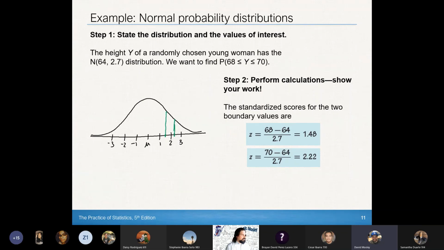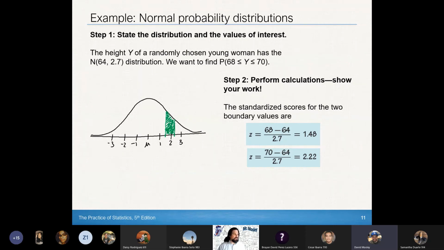So this is the only area we want. And remember, table A, which is what we'll use to now solve this, will only provide the area under the curve to the left of a given z value.